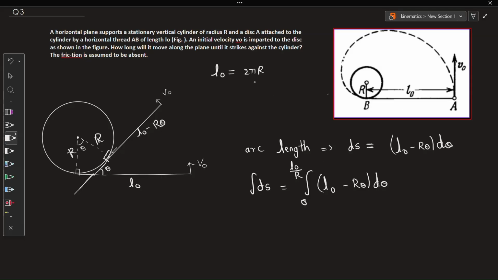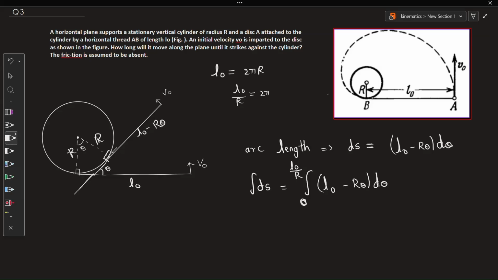Let's check it here. If it is 2 pi, we will get L naught by r as 2 pi, right? If it is pi by 2, we will get L naught by r as pi by 2. So we don't know the exact value, so we are writing L naught by r. And this question involves the concept of instantaneous center.